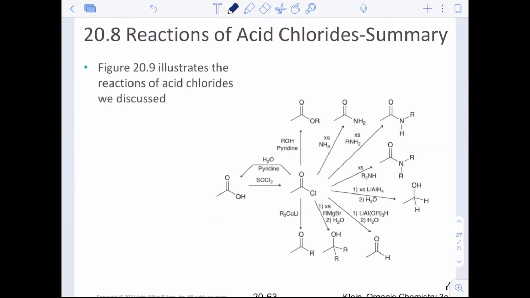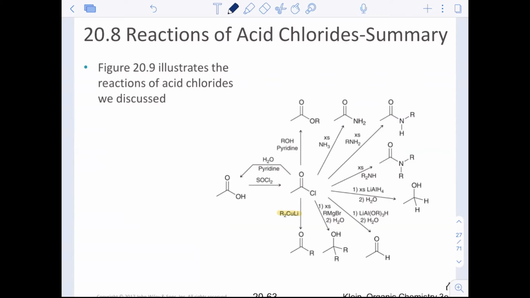So just in summary, we see a variety of reagents here. The only reagent that we're going to hold off on is the cuprate. Cuprates we will talk about a little bit later in chapter 21. Cuprates are weaker organometallic reagents, and so no mechanism for that yet, but a cuprate is something that will react similar to a Grignard. It is a carbon nucleophile, but it stops at aldehydes and ketones.